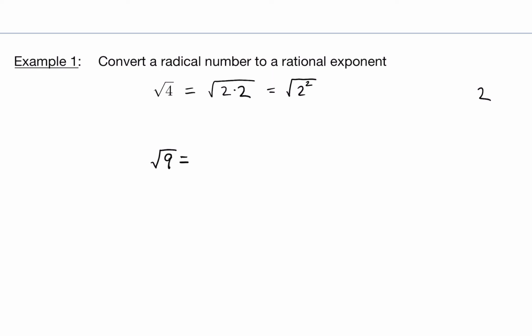Now, one of the things that I did mention in a prior lesson, and I'm going to remind you, is that when we have this radical sign, and we call this a square root, there's a number that's implied, but we don't write it, okay? And that number is the number 2. This is why we call this square root sign square root, right? Because the root is 2. When there's no number here, we call it a square root. But later on in this lesson, we're going to see that it's not always a square root.